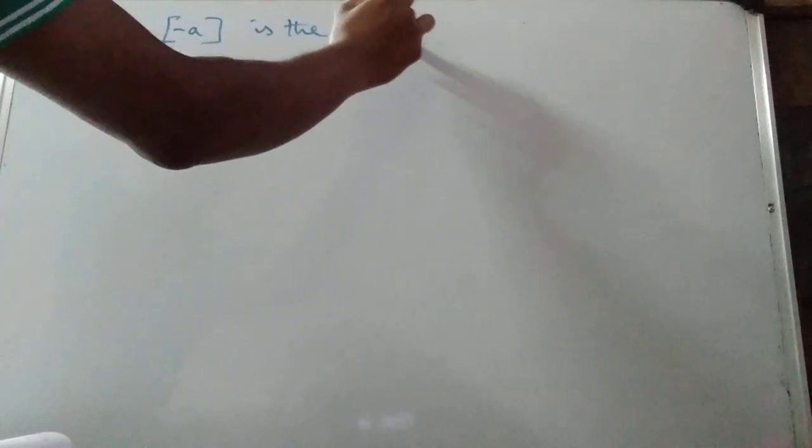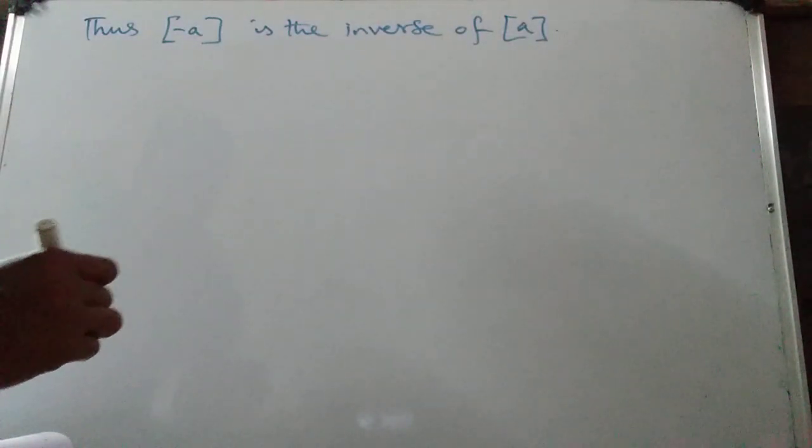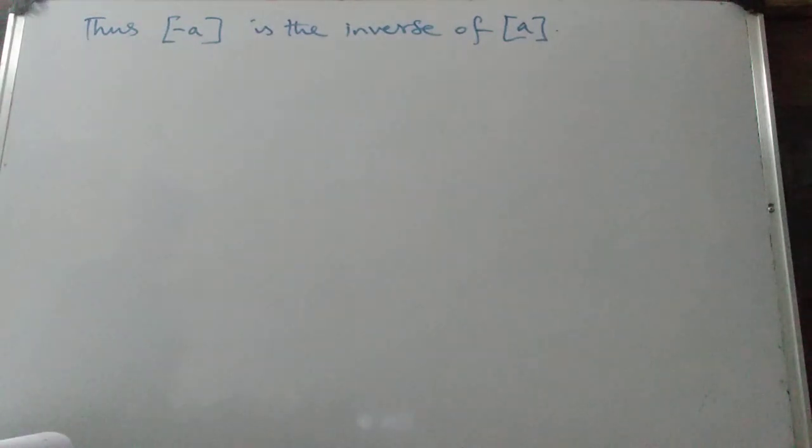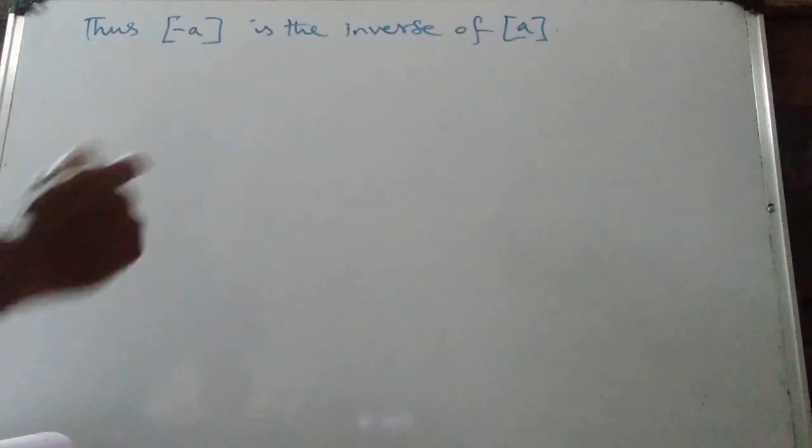So we write it in this way, thus minus a class is the inverse of class a. Okay, now we're going to discuss the abelian or commutative property. That means how this one becomes a commutative group or abelian group.